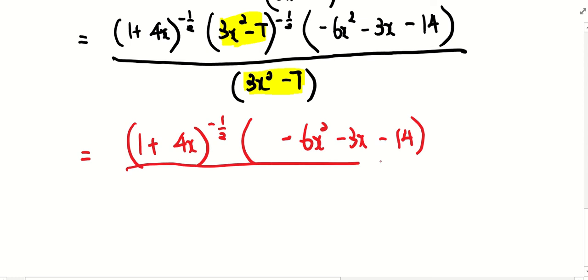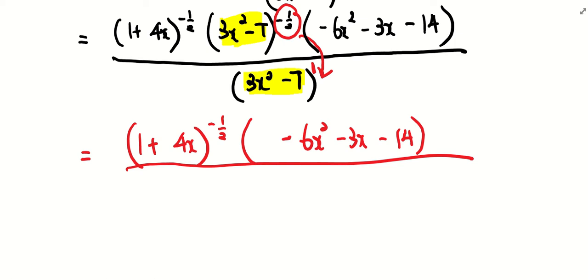okay, do you agree? If I bring this below, it becomes a power half. The original one below is a power 1. If I bring the one on top to meet the one below, it will be a power 1 plus half. Am I right? 1 plus half is how much? 1.5, or you can write 3 over 2. Let me write 3 over 2 first.